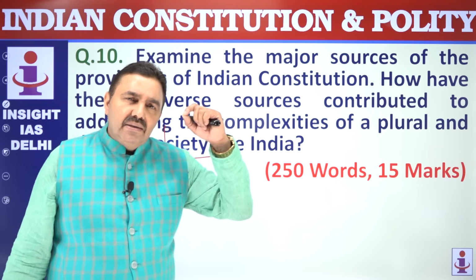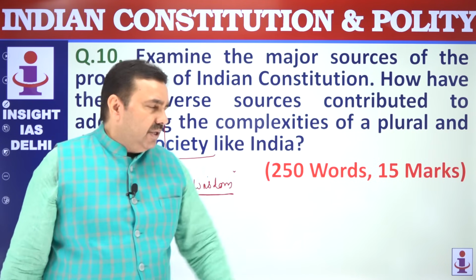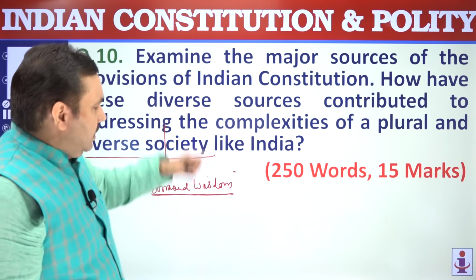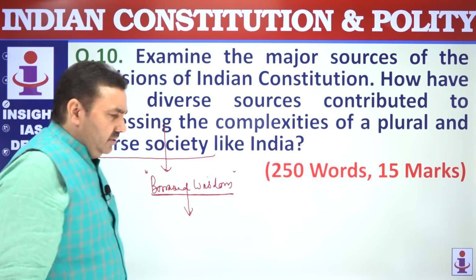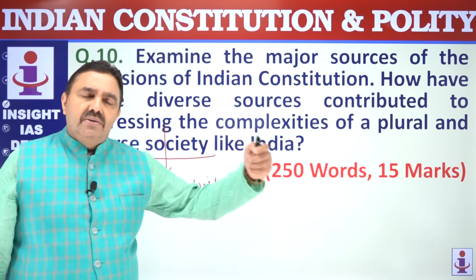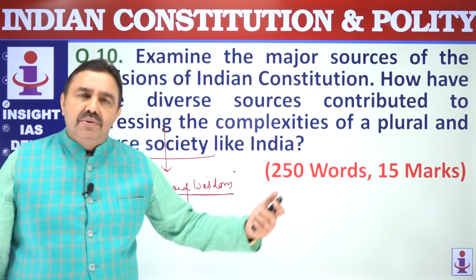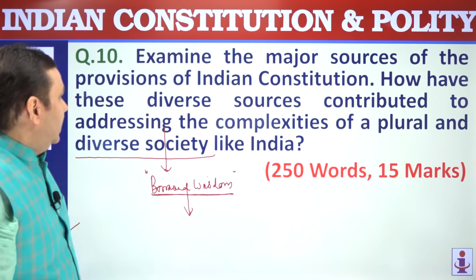And this document could be prepared within this period of around 3 years because of extensive borrowings. The Constitutions of the USA, France, Britain, Japan, South Africa, and Germany were all reviewed and provisions were taken from different constitutions. Let us see some issues.